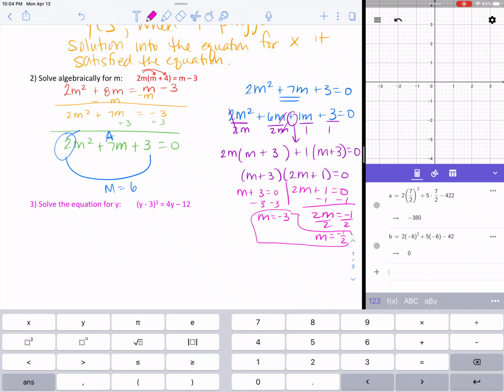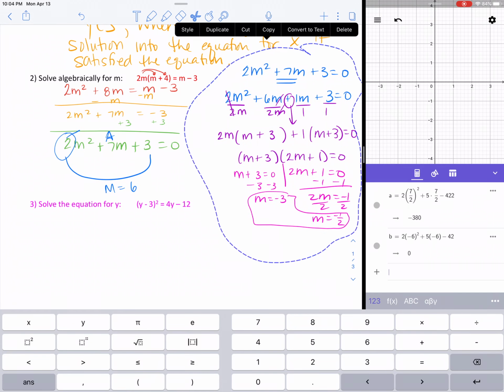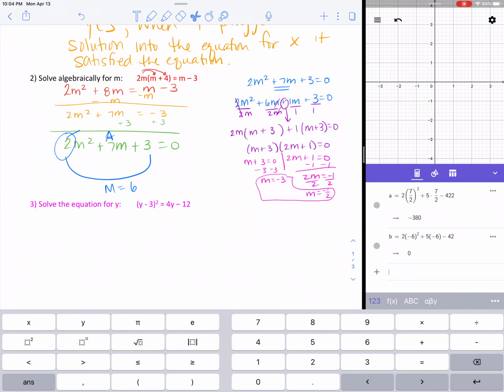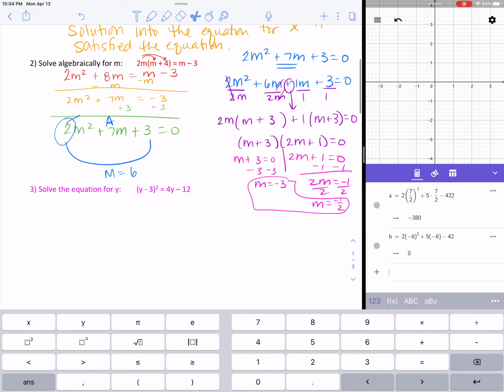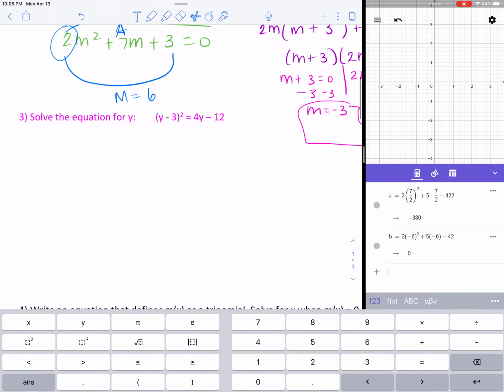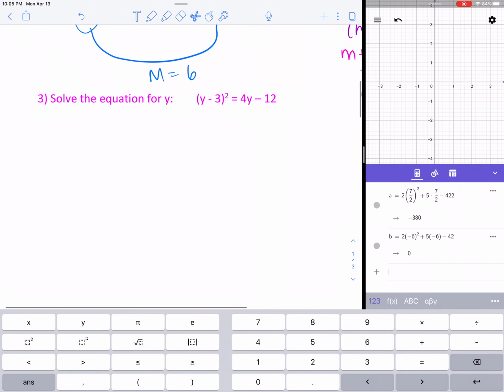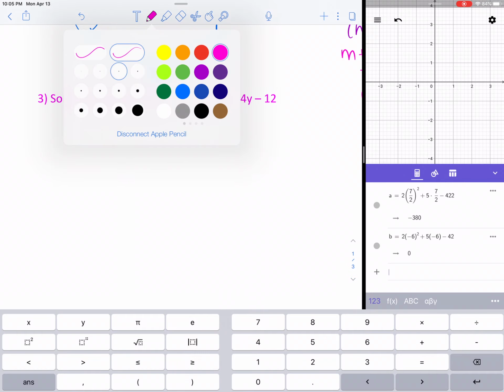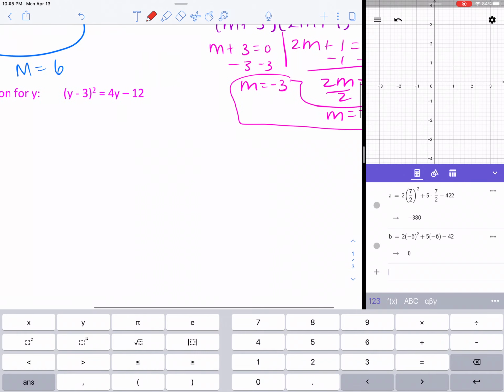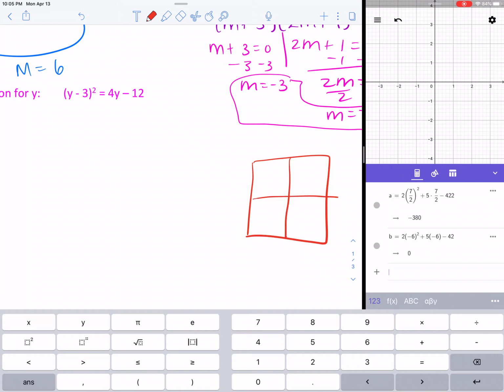Okay, next one. Again, doesn't have an x squared right away, but we have a binomial squared. So when you have a binomial squared, how am I going to proceed? I'm going to make the boxes to do y minus 3 times y minus 3. Anytime you're squaring a binomial, it requires you to multiply twice or double distribute.